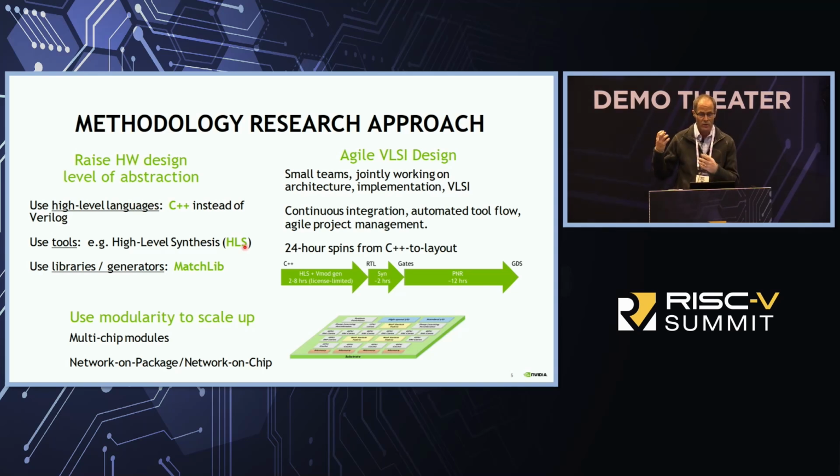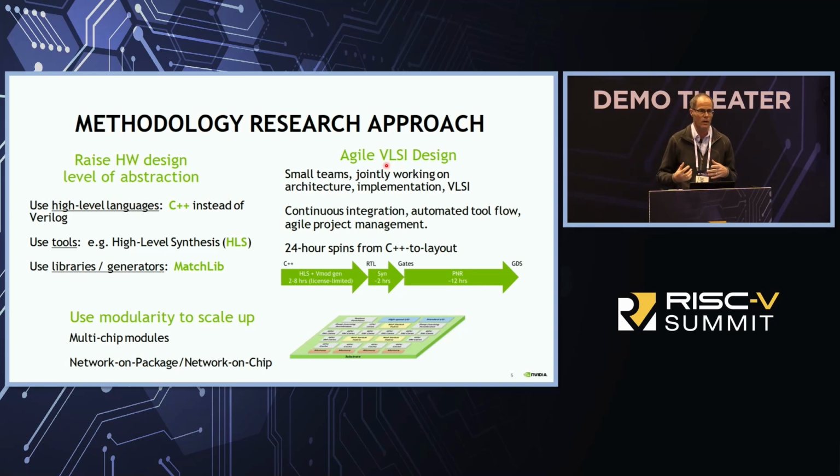They also want to have what they call agile design here. Instead of having teams of hundreds of engineers, you have small teams of around 10 engineers engaged in all aspects of the design and verification effort, all the way down to the layout and prototyping, and having very fast spins where you're modifying the C++ code and going all the way to a fully placed layout in 24 hours.